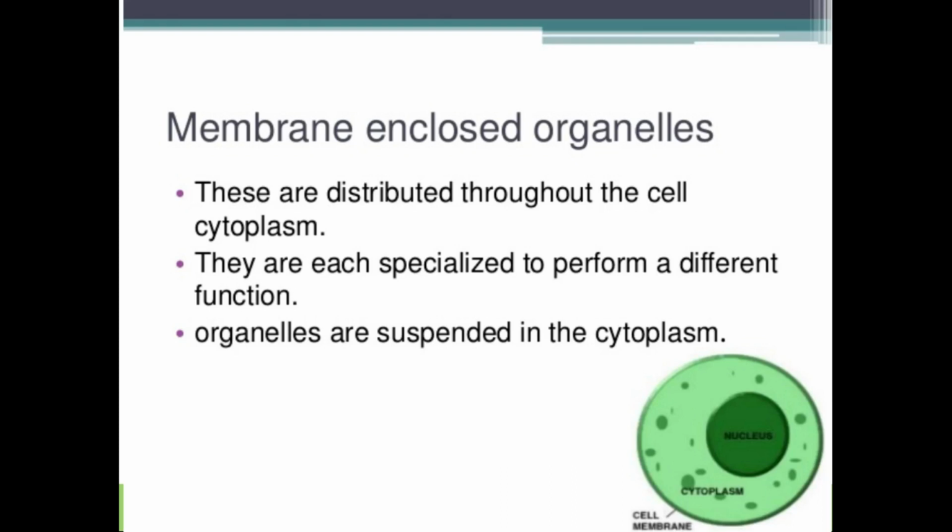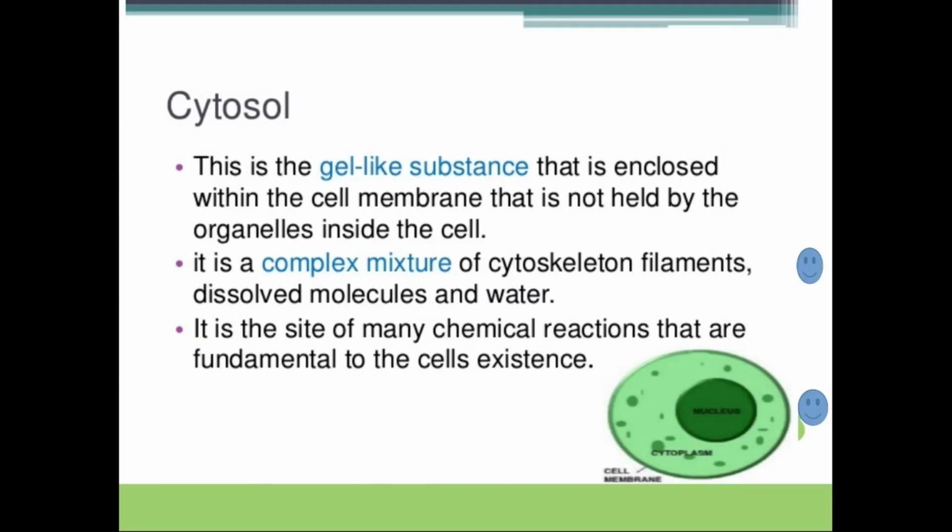The next one is cytosol. Cytosol is the fluid part of cytoplasm. It is the gel-like substance enclosed within the cell membrane that is not held by the organelles inside the cell. The cytosol is a complex mixture of cytoskeleton filaments.